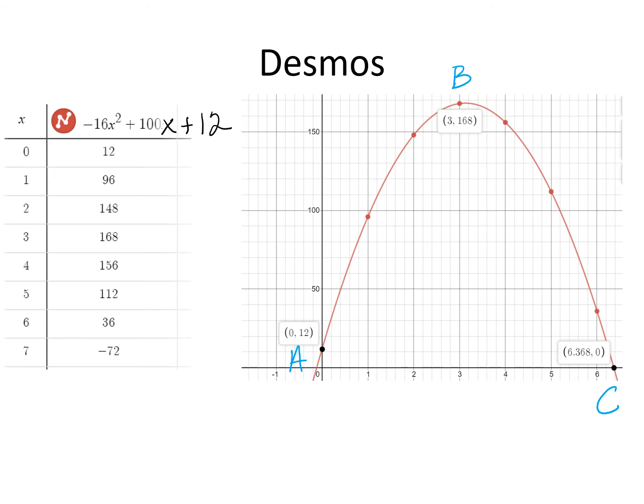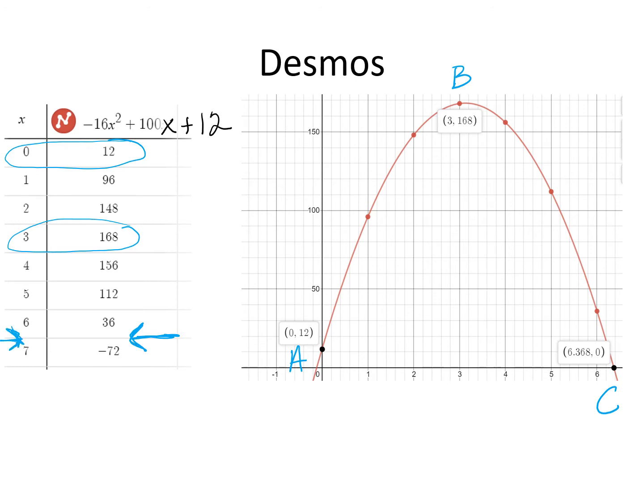Again, I made a table so you can see some of that information. We can see that y-intercept here was 0, 12. We can see our vertex here. But the one thing we can't see is that x-intercept. But you might notice that it would have to fall somewhere between 6 and 7.